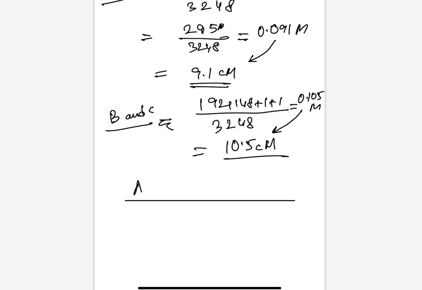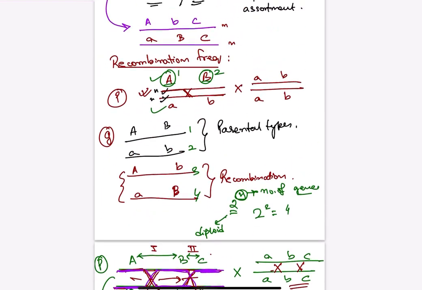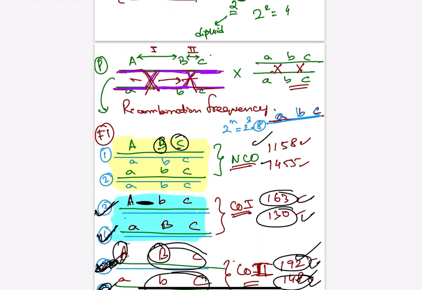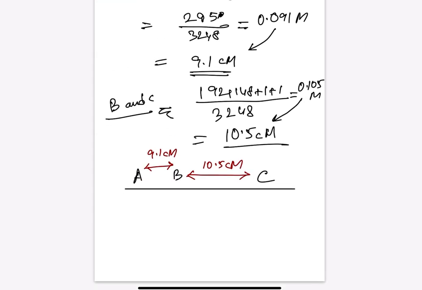You see that A and B are closer to one another compared to C, because the distance between A and B is 9.1 centimorgan, whereas between B and C it is 10.5 centimorgan. So the initial figure where we started from, we thought A and B was more than B and C, it's not that. We actually calculated that A and B is closer to one another than B and C. This is called map distance, or mapping of genes on a chromosome.